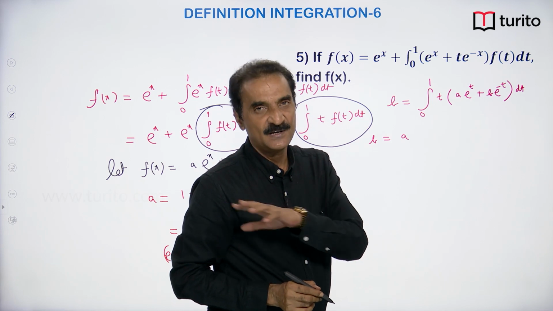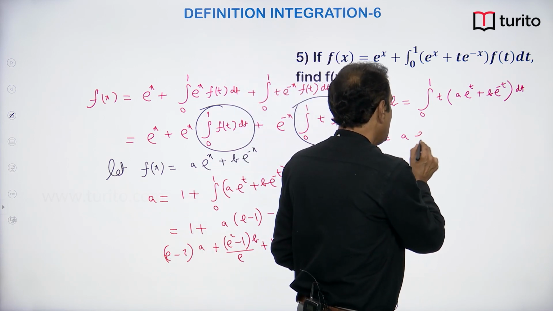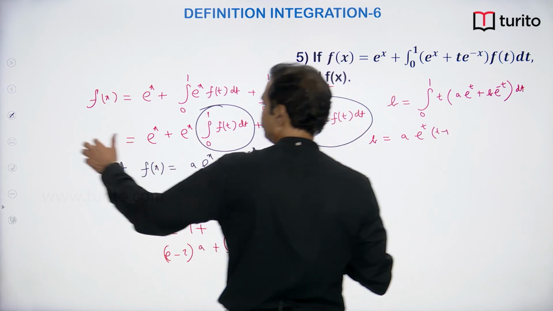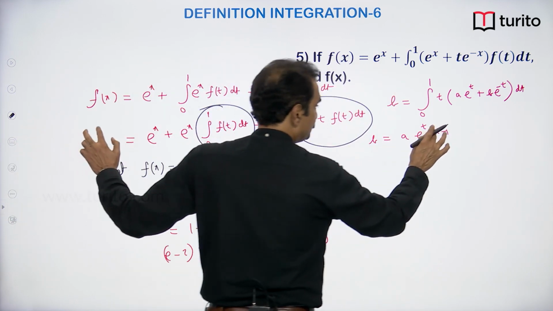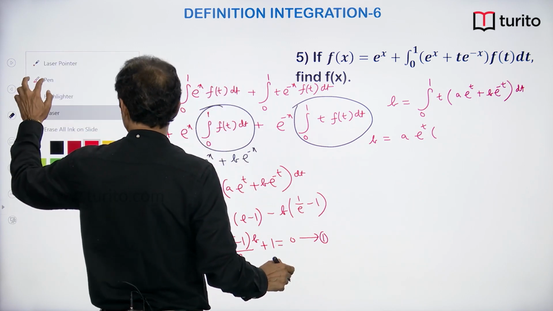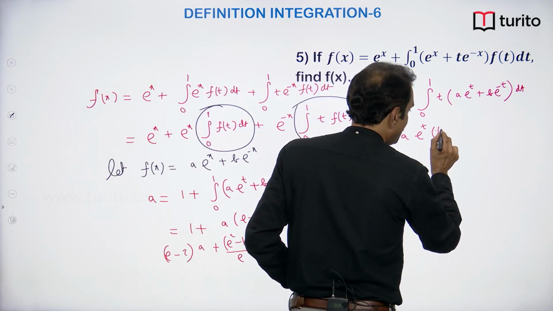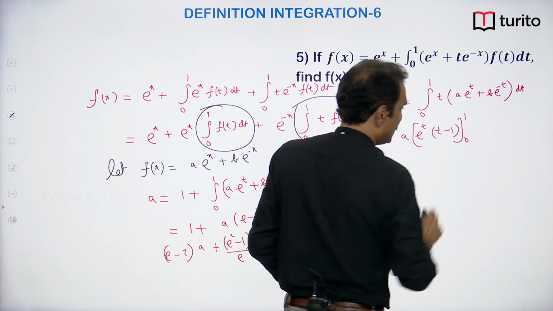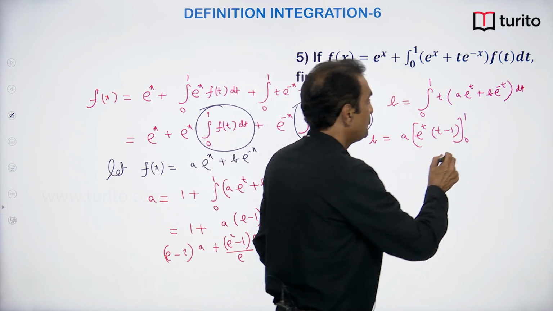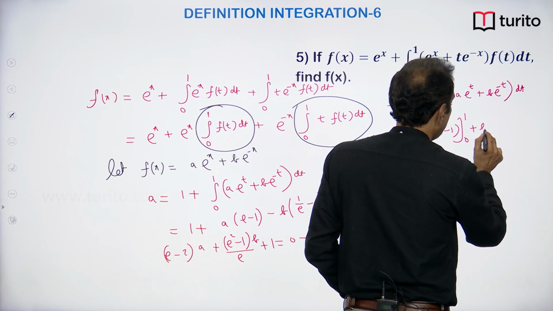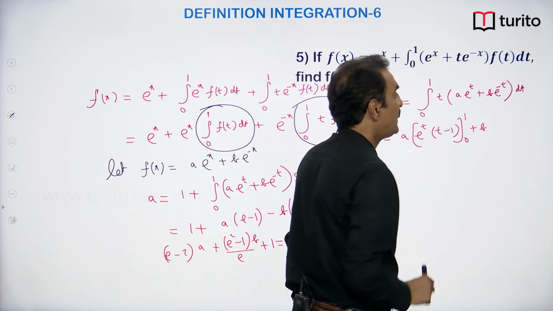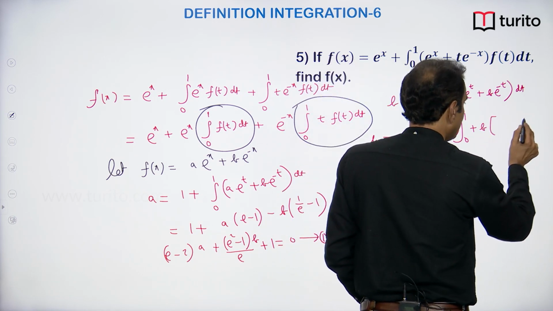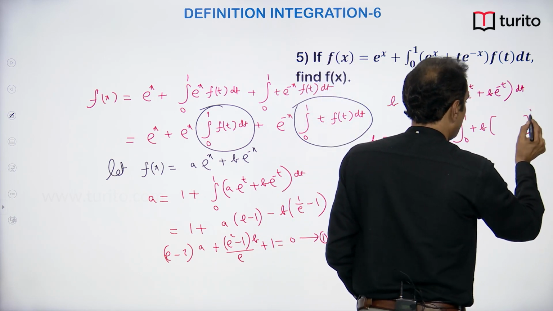Integrating by parts separately, you will get e power t into (t minus 1) between limits 0 and 1 plus b into derivative of t e power minus t, you find and take the limits.